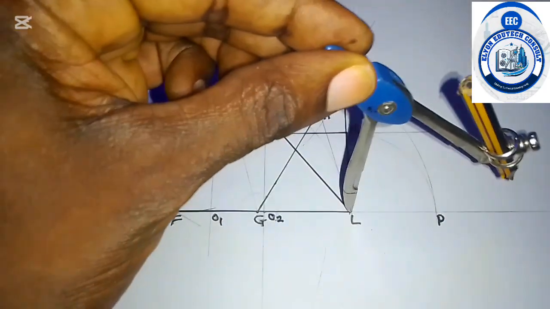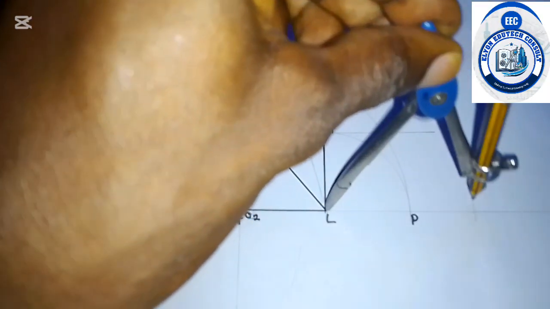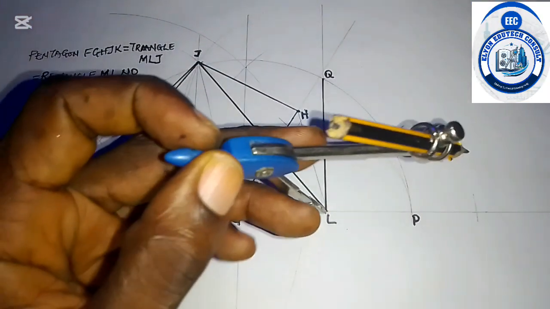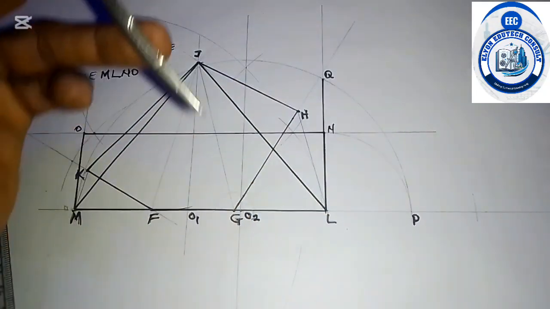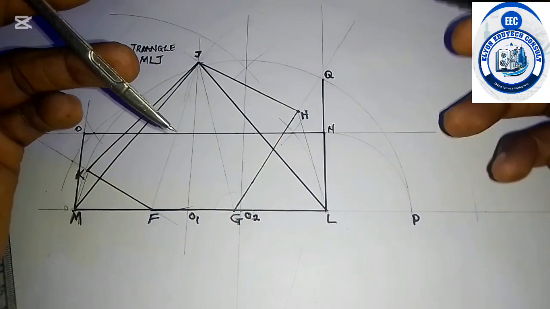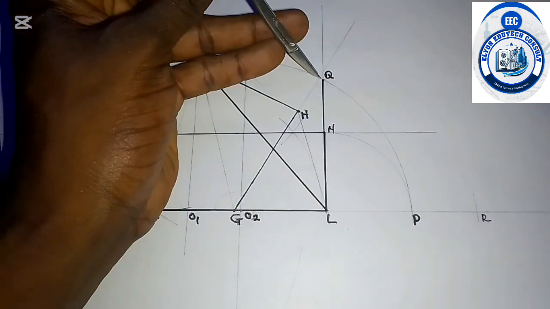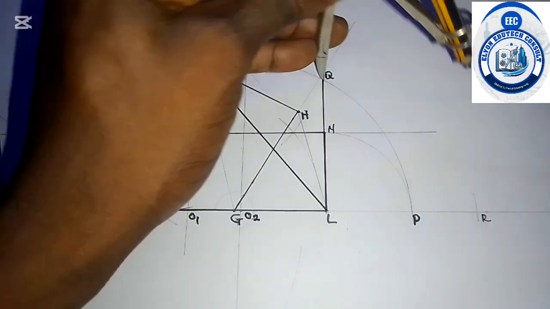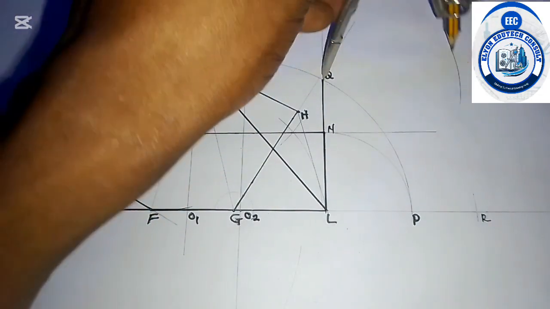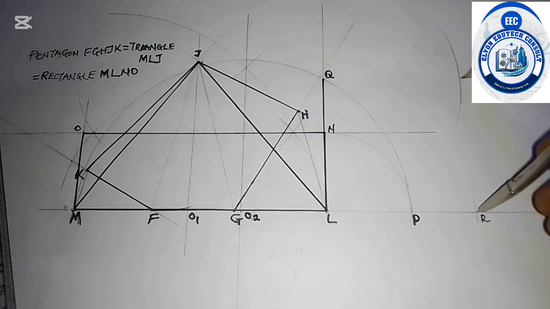So what I'm going to do now, with that same length, mark at this point now. Take note of that point now. Now the same compass length you put here. Let's call this point R. Needle on Q now. Strike an arc this way, strike an arc this way. Then the same compass length, because all the sides of the square have to be equal. Then strike this.